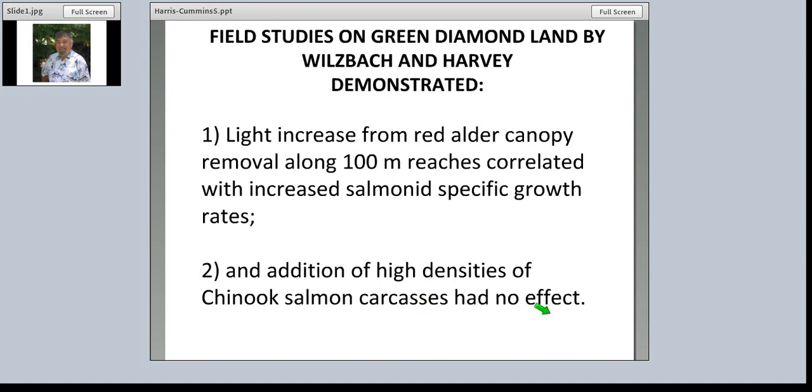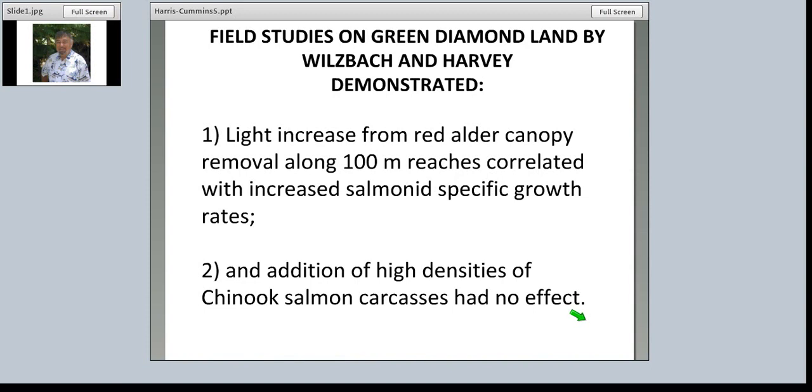And so the assumption now is that those salmon carcass nutrients are missing. There's certainly stable isotope data showing that, qualitatively at least, those marine isotopes show up in invertebrates and fish in the headwaters, so that transfer is occurring.